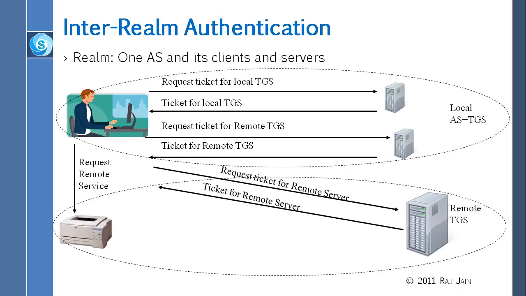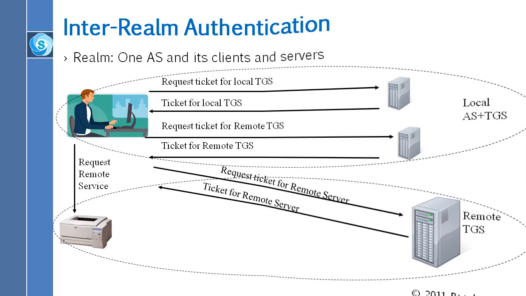Since they share a secret, just like we had a secret with the server, we have a secret with the TGS, so it can issue a ticket for the remote TGS. Then you can go and say, I want a ticket for this printer, and you can get the ticket as usual. And notice that none of this uses any of the certificate stuff, so no public key, no certificates, it's all based upon secrets. This is early 1990s technology.